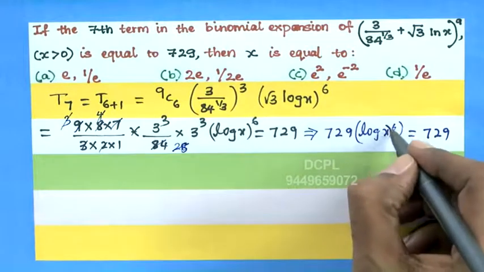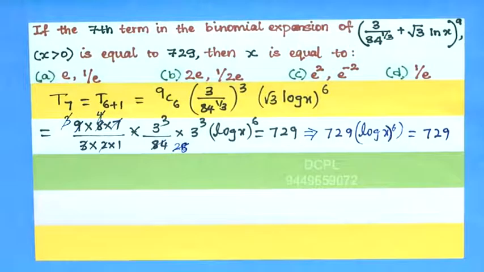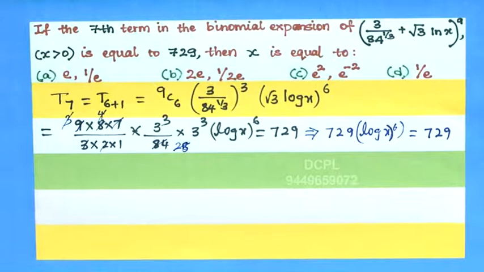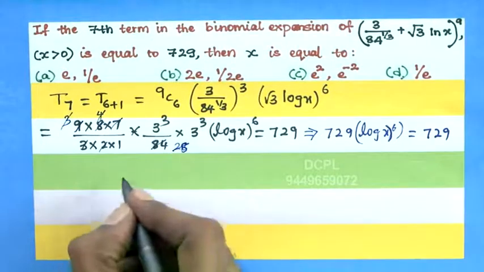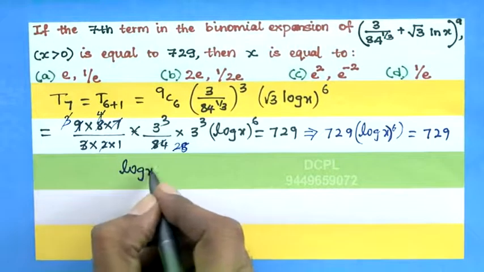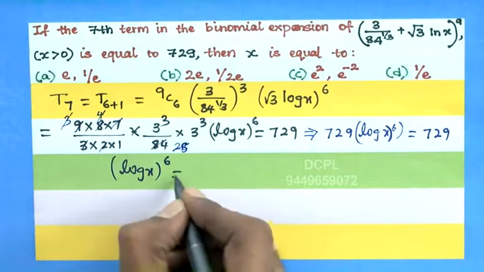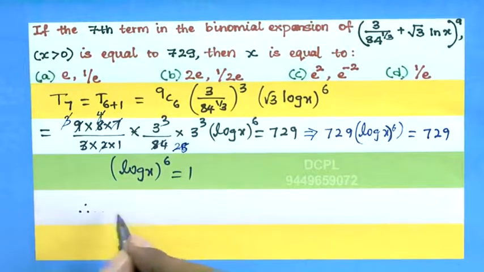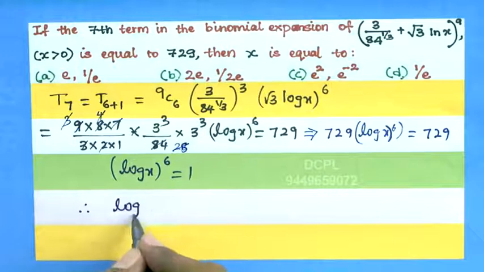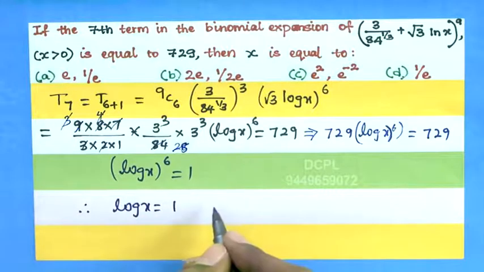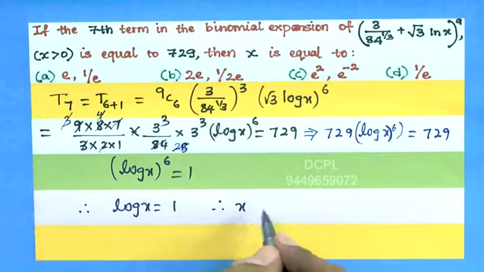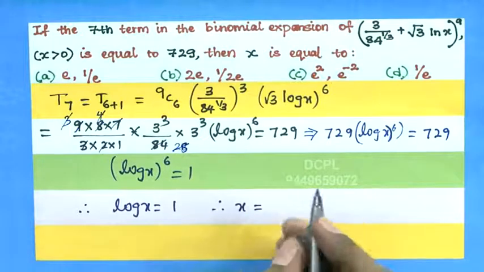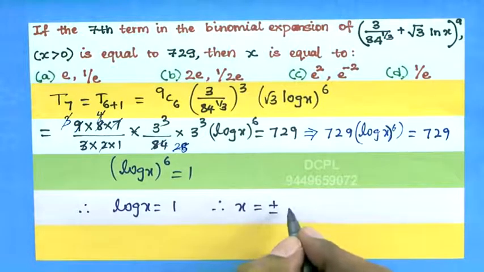Correct? Now what happens? (log x) power 6 is equal to 1. Therefore, what happens? Log x is equal to plus or minus 1.